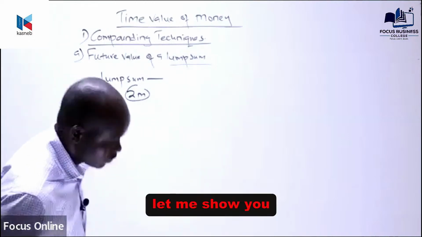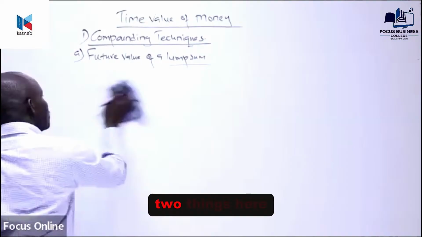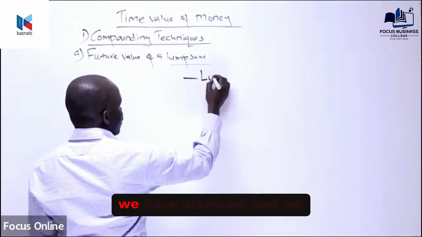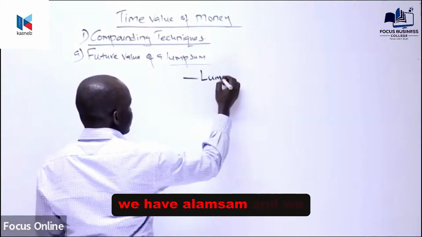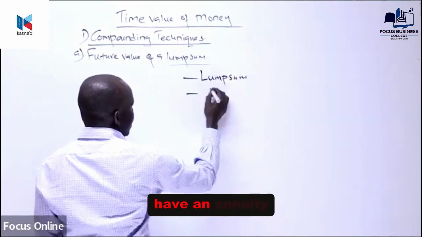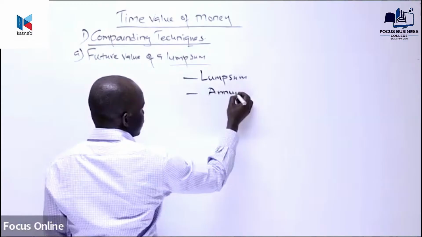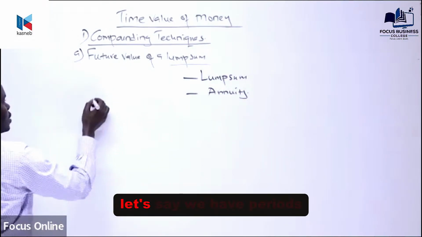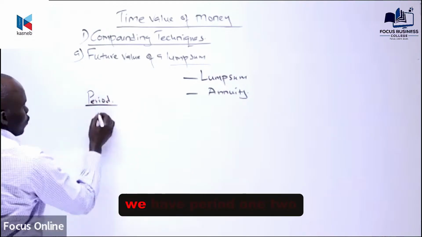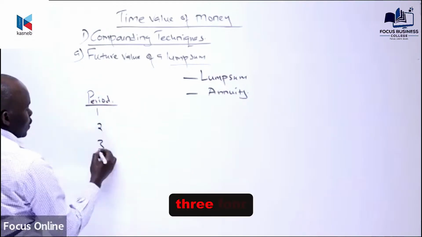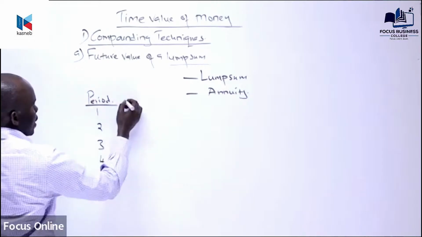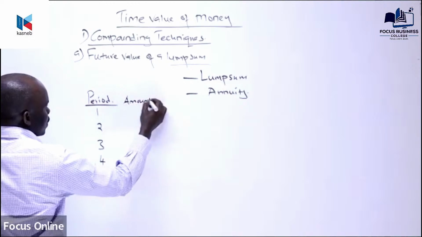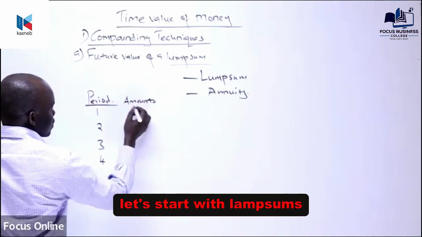Let me show you. Let's first understand. We have two things here: a lump sum and an annuity. Here, let's say we have periods 1, 2, 3, 4, and we have amounts. Let's start with lump sums.